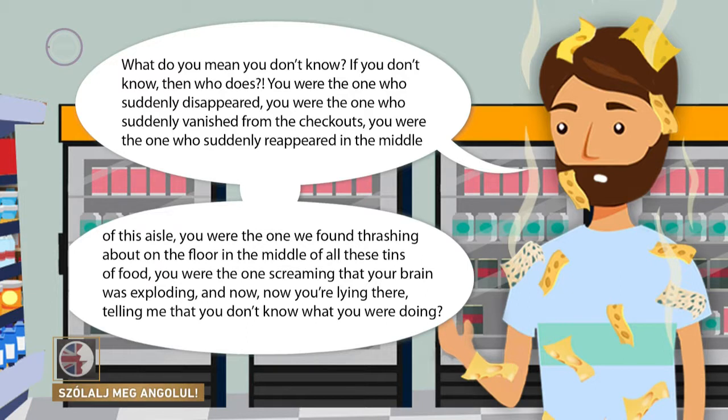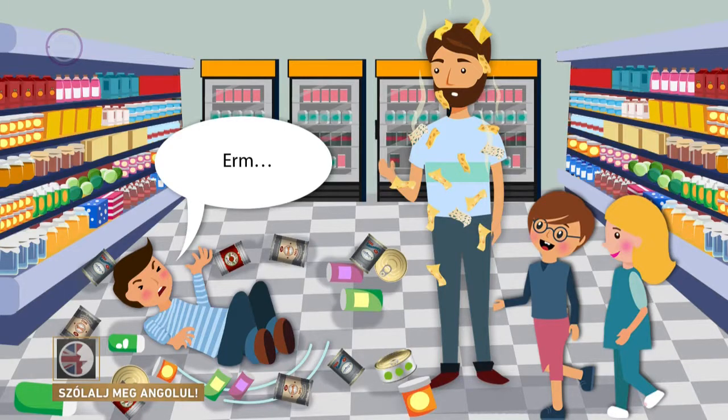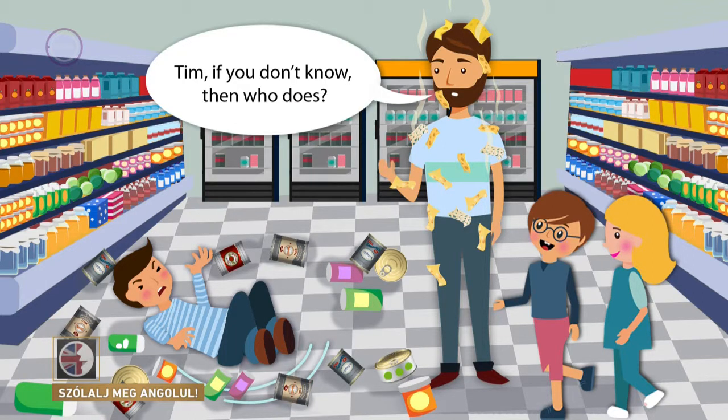You were the one who suddenly disappeared. You were the one who suddenly vanished from the checkouts. You were the one who suddenly reappeared in the middle of this aisle. You were the one we found thrashing about on the floor in the middle of all these tins of food. You were the one screaming that your brain was exploding. And now you're lying there telling me that you don't know what you were doing? Tim, if you don't know, then who does?